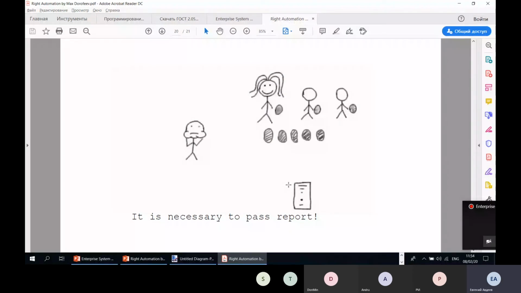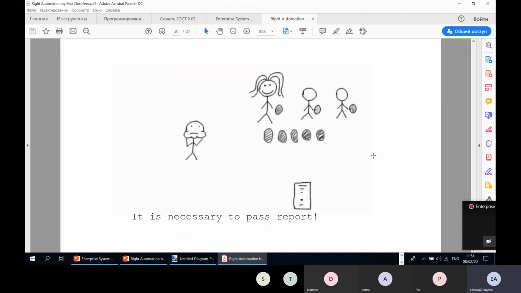Yes. This looks kind of unrealistic, kind of fantastic, because every system usually needs some updates, needs some support, and needs additional workers, which will support this automation system. But this is a different question. So here's an example of how it has to be.